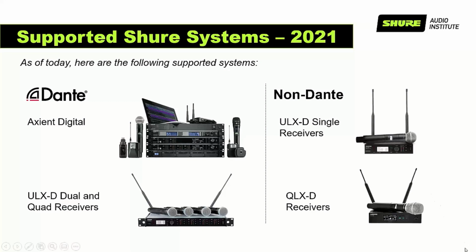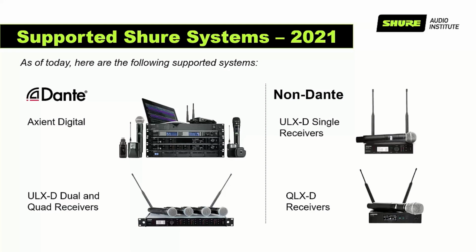If you are using Dante products like ULXD dual and quad receivers or the Axient Digital platform, it really simplifies things. It means that when you mount that Dante channel or assign it to a specific channel on the mixing console, it knows that because channel 1 is my Dante channel input 1, the information that I'm receiving about channel 1 should also be presented on this channel.